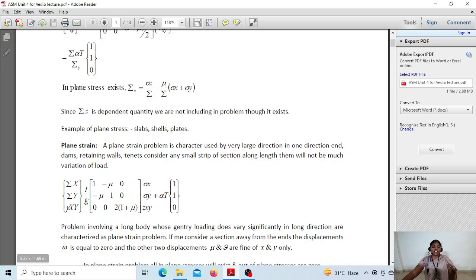The relation is epsilon x, epsilon y, gamma xy is equal to 1 by E, matrix 1 minus mu squared, minus mu (1 plus mu), 0, minus mu (1 plus mu), 1 minus mu squared, 0, 0 0 2 (1 plus mu), into sigma x, sigma y, tau xy, plus alpha t into 1 1 0. This alpha t 1 1 0 indicates temperature strains.